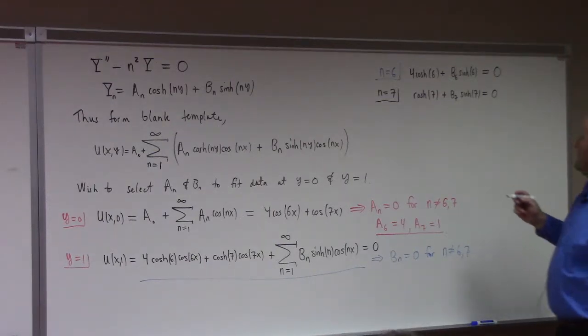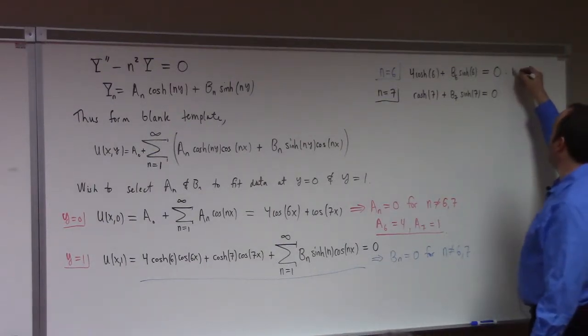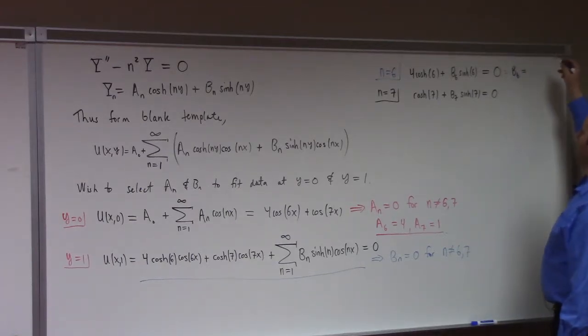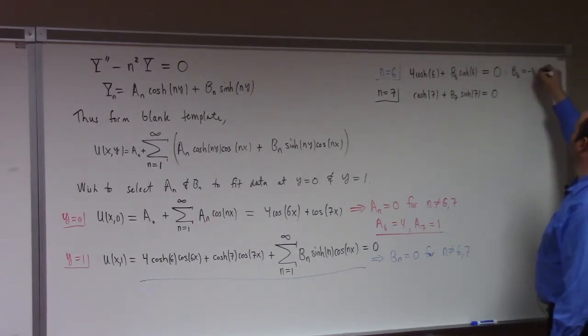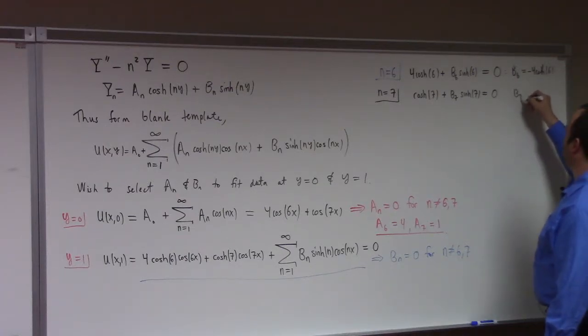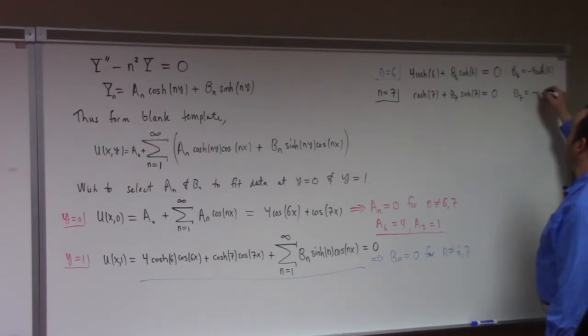So what's this tell me? b6 is what? It's minus 4 coth of 6, and b sub 7 is just minus the hyperbolic cotangent of 7.